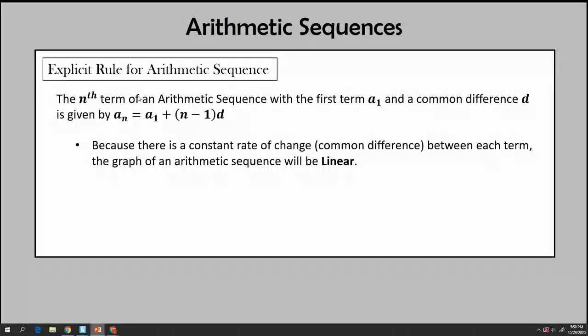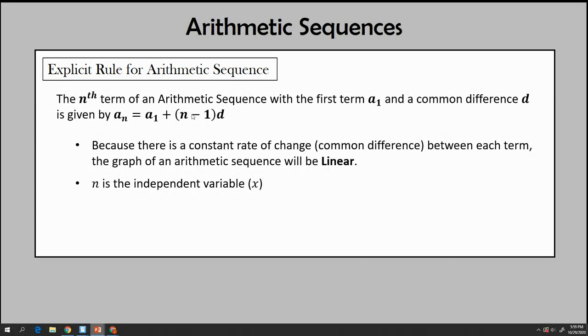All right. Now, what happens is, because there's a constant rate of change, that common difference, plus 4, plus 4, plus 4, plus 4 between each term, that means the graph of any arithmetic sequence is going to be linear. It's going to be a straight line. N in this case is going to be our independent variable, which is the x. It's our input. So n is our input.